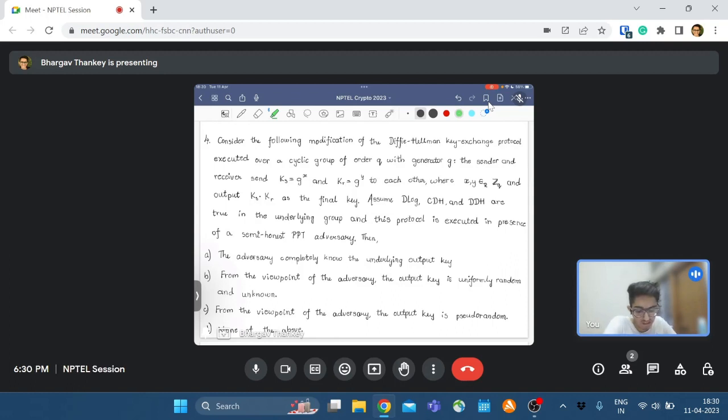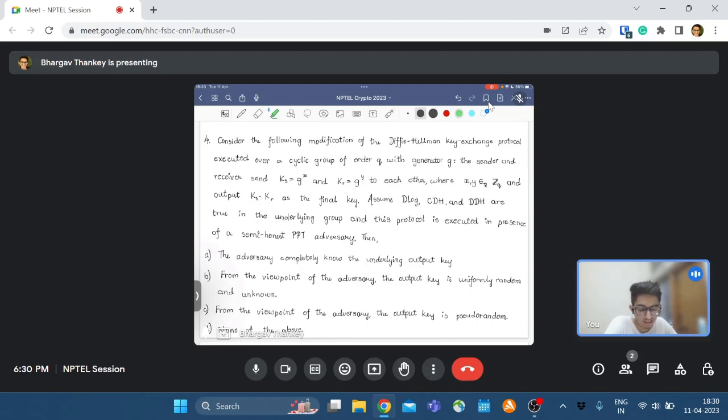The sender and receiver send messages Ks equals g to the x and Kr equals g to the y to each other, where x and y are picked uniformly at random from Z_q. And the final key that the key exchange outputs is Ks times Kr.